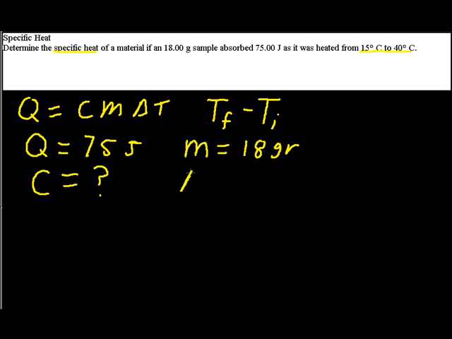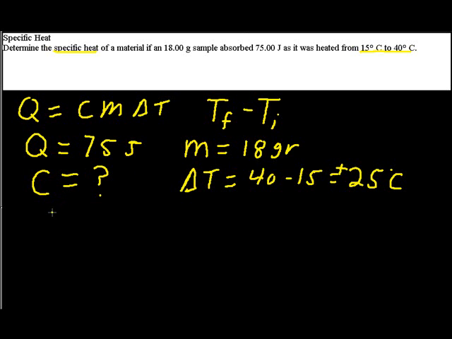And the delta T, as we just discussed, would be the final temperature, which is 40, minus the initial temperature, which is 15, which gives us a delta T of 25 degrees Celsius. And it's going to be a positive 25 degrees Celsius, and that's very important. It's very informative because we now know that heat moved into the object.